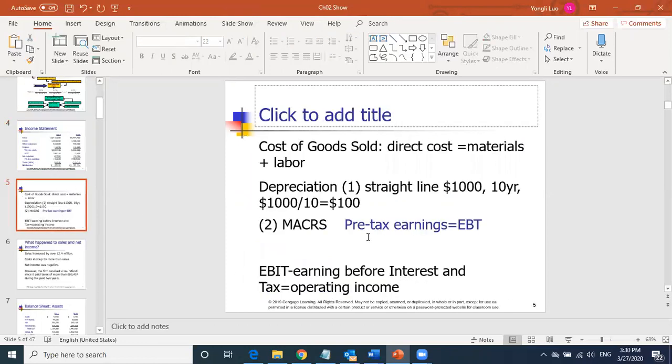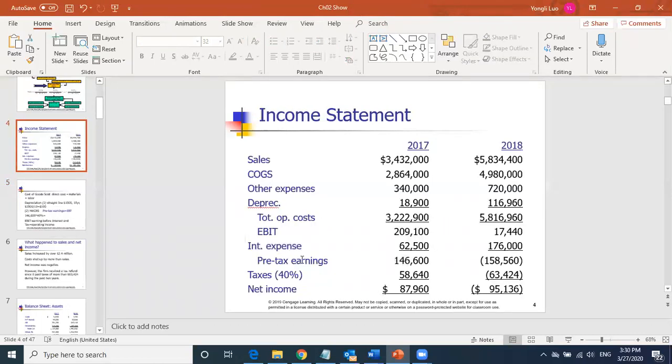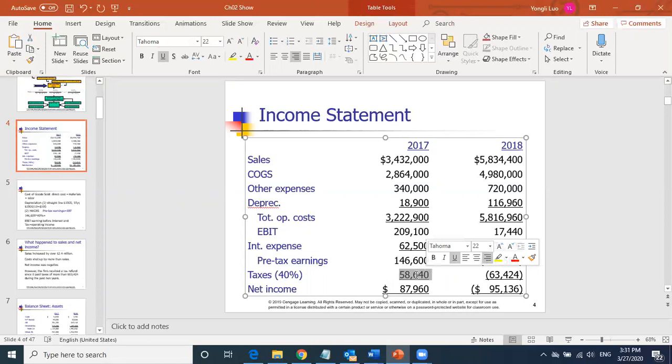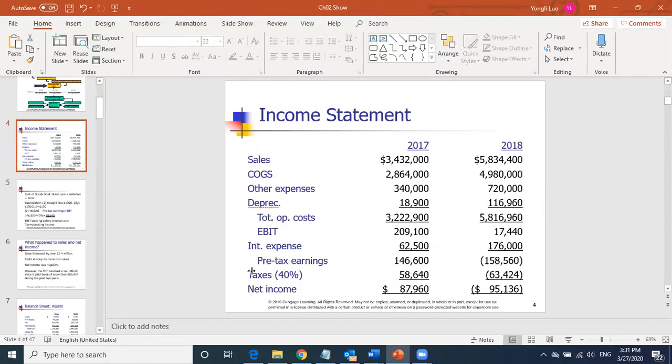So the difference is you multiply by 40% and then you calculate the tax. That's how the number comes out. Your earnings before tax minus your tax expense is your net income.